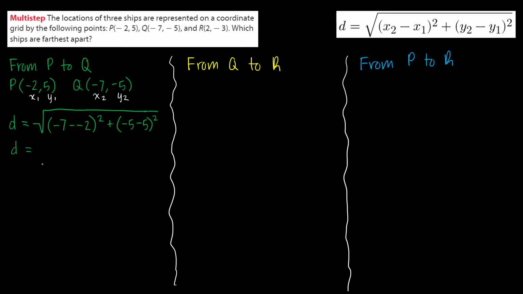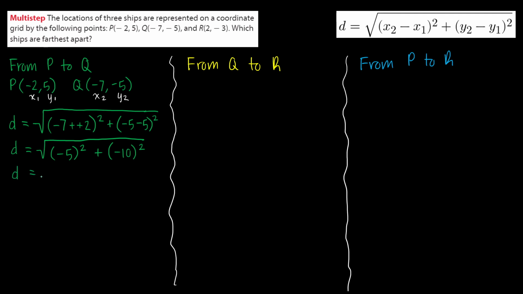And again, using order of operations, parentheses first. -7 minus -2 is just the same as -7 plus 2. That's -5 squared. Plus -5 minus 5 is -10, and we're squaring that as well.